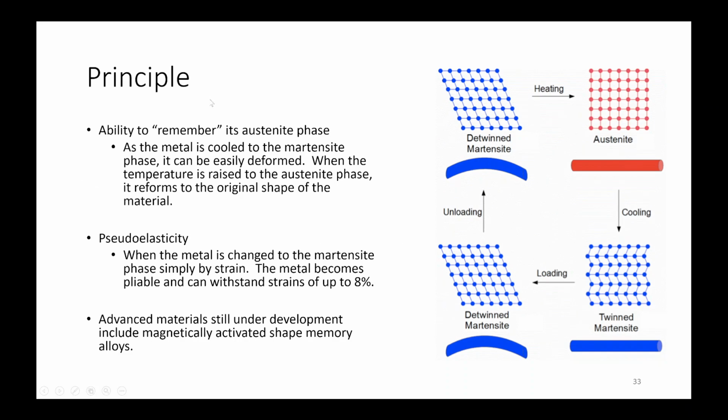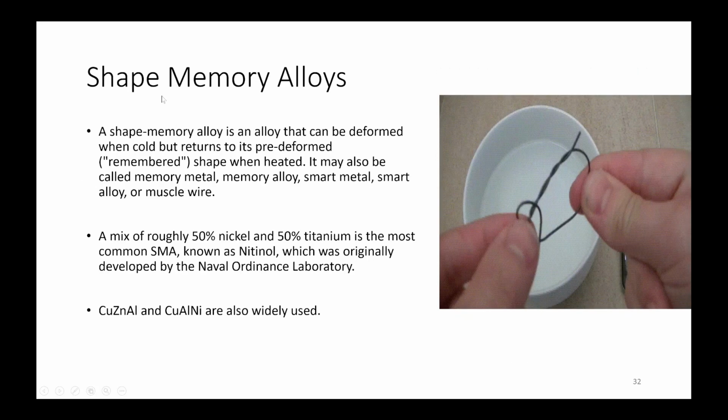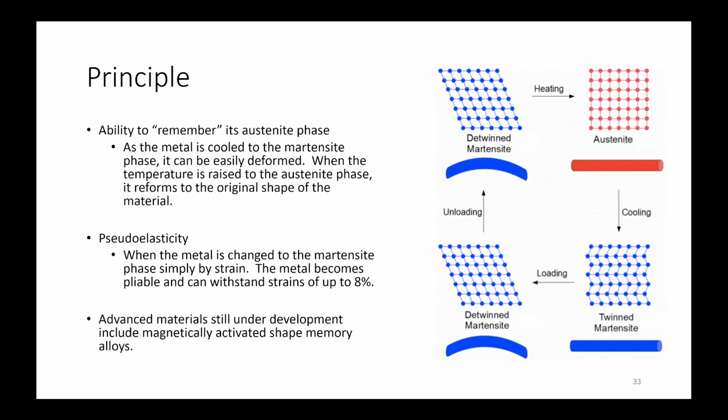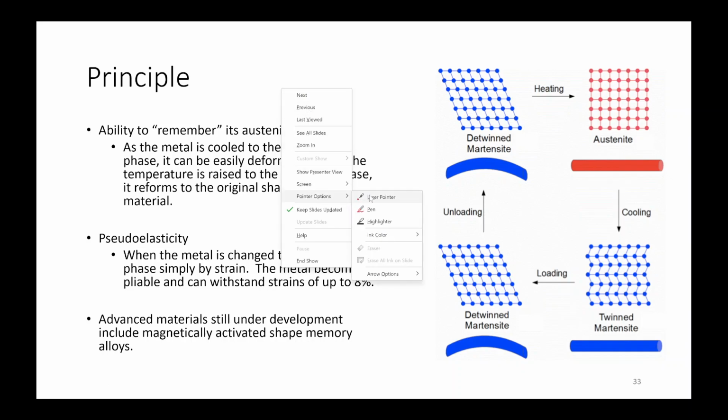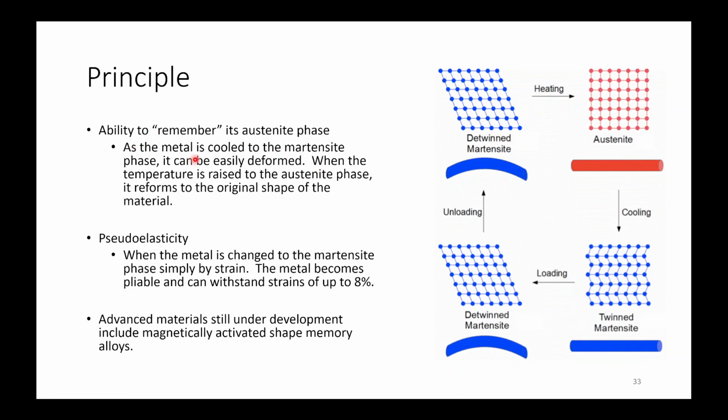The principle of shape memory alloys is that they have the ability to remember their austenite phase. As the metal is cooled to the martensite phase, it can be easily deformed. When the temperature is raised to the austenite phase, it reforms to the original shape of the material.